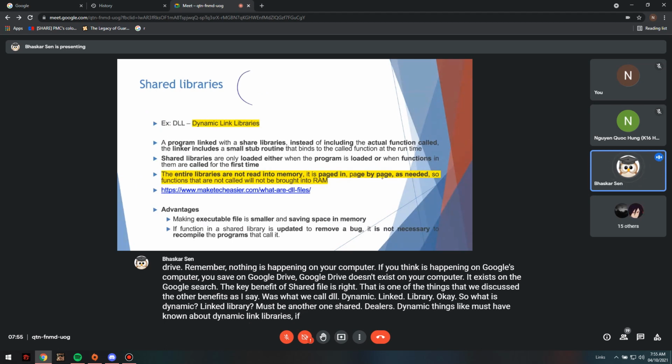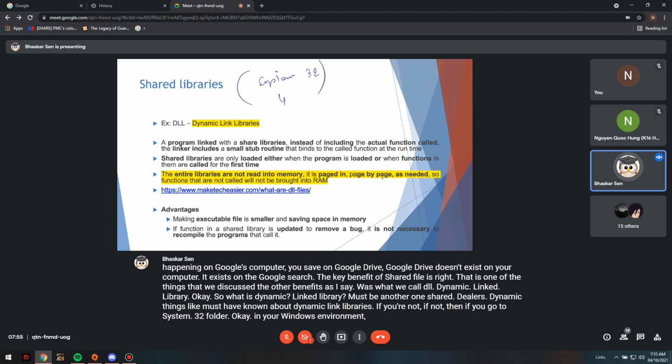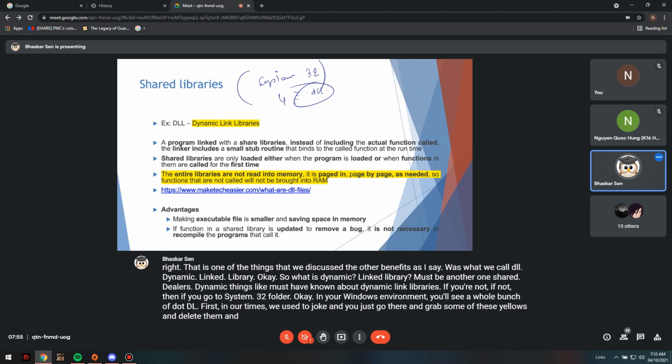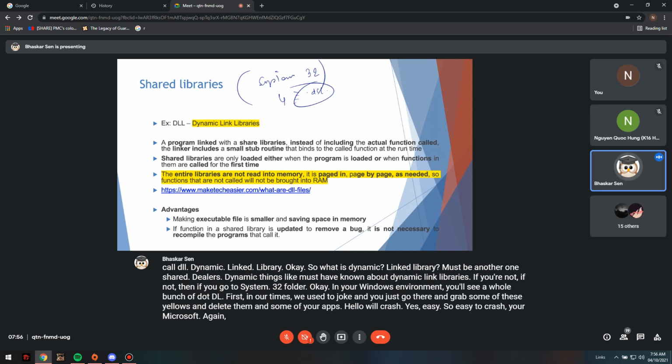If not, then if you go to the System32 folder in your Windows environment, you'll see a whole bunch of .dll files. In our times, we used to joke that you just go there and grab some of these DLLs and delete them, and some of your apps will crash. It's so easy to crash your Microsoft OS. But anyway, don't do it.